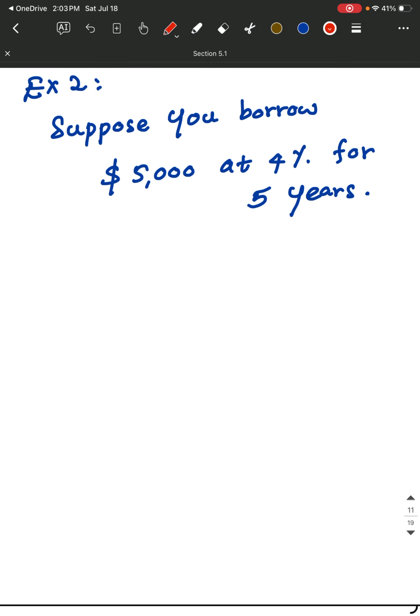Think about, suppose you borrow $5,000 at 4% for 5 years. So we have the original amount $5,000, interest rate is 4%, that means 0.04, and T, time in years, is 5. Then let's work together.